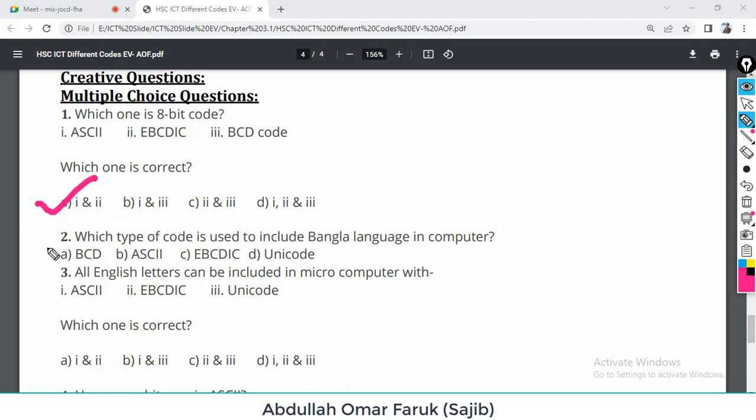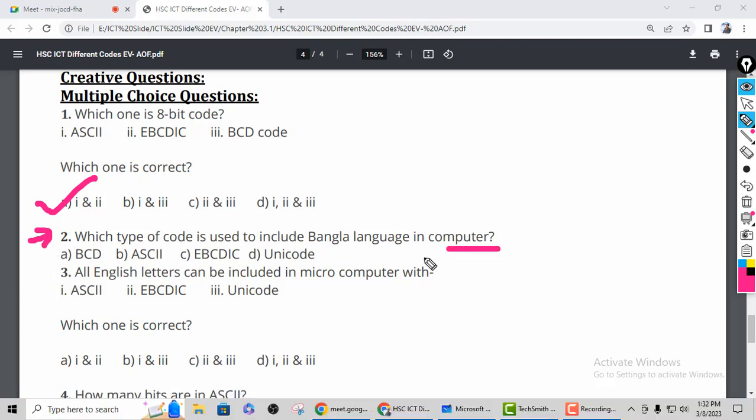Okay, what about this? Which type of code is used to include the Bangla language in a computer? Unicode. Fantastic. All English letters can be included in a microcomputer with which coding system? Unicode, EBCDIC, and ASCII. All of the above.